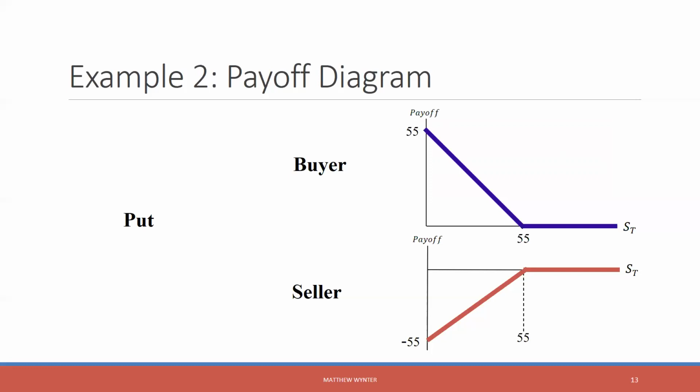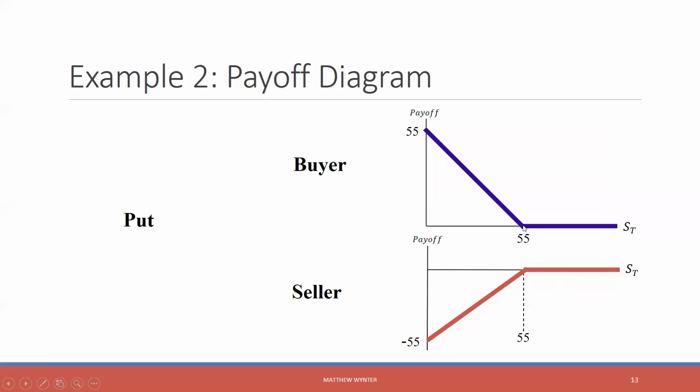It goes all the way down to 0. The maximum I can get from selling something that has a price of 0 to you at a price of 55 bucks per share is 55 bucks. Notice that it's capped: where the stock is at 0, our payoff is 55. And as the stock price goes all the way up to 55, our payoff goes to 0.